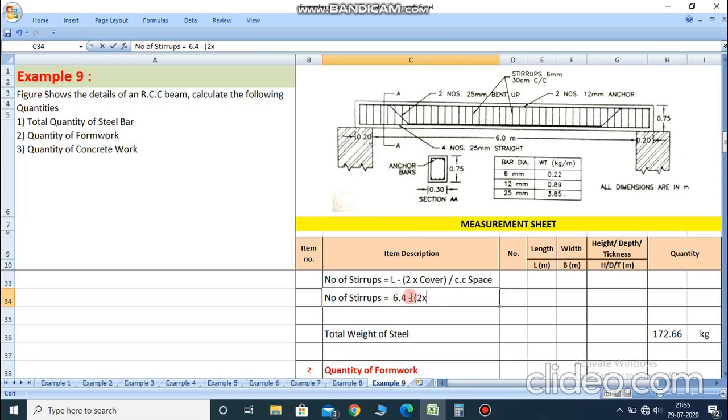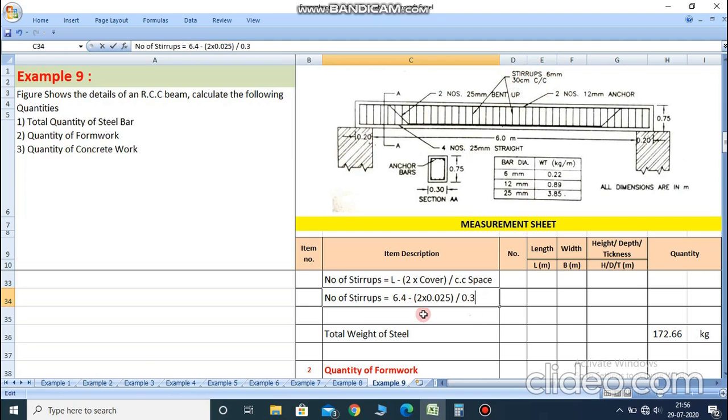The cover thickness is 2.5 centimeters, so 0.025, divided by the center to center space. The center to center space given in the figure is 30 centimeters. So 30 centimeters converted into meters, we write 0.3 meter.